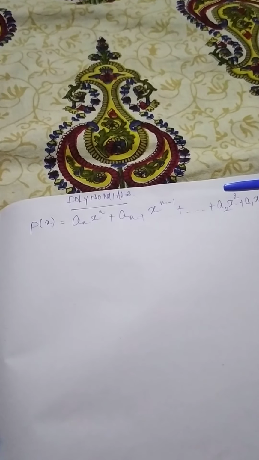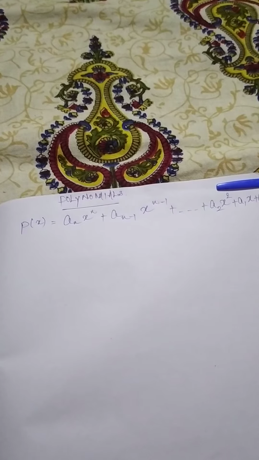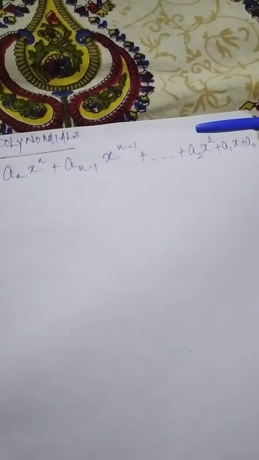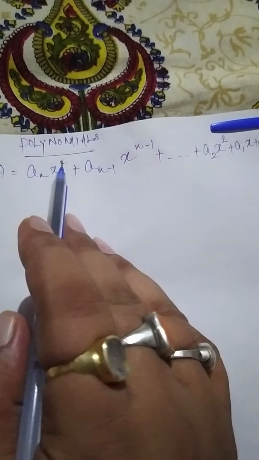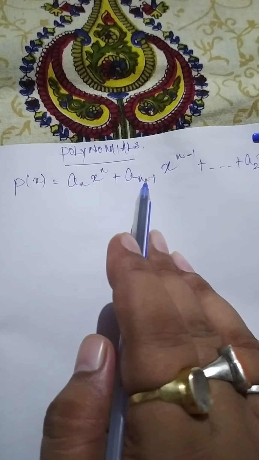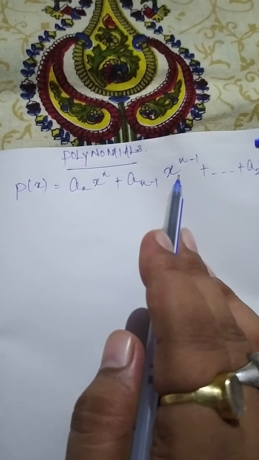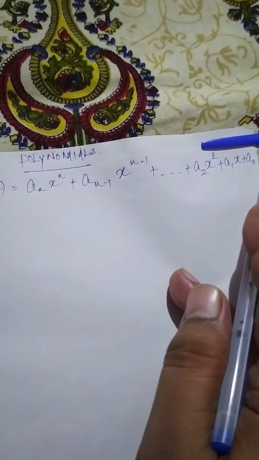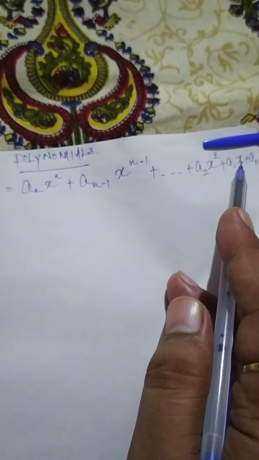Let's talk about, first, the definition of polynomial, in which p of x is equal to a base n x to the power n plus a base n minus 1 into x to the power n minus 1 plus, up to, a base 1 x to the power 1 plus a base 0.